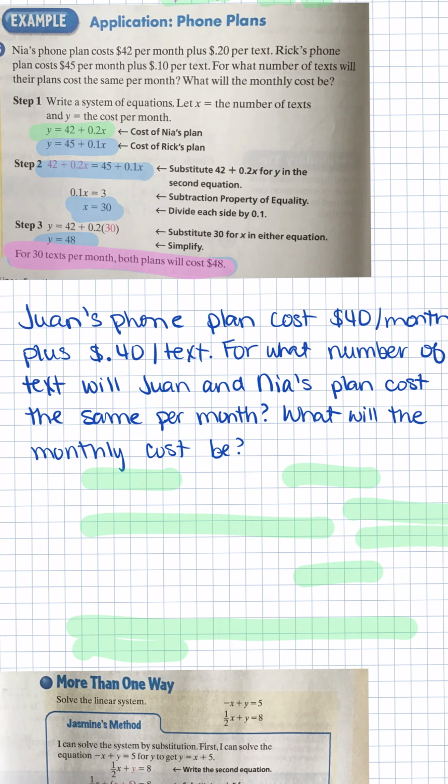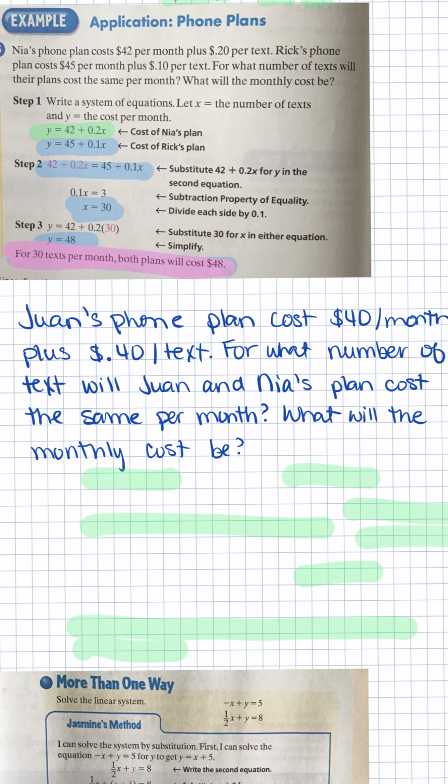So therefore 10 texts was the break-even point, and that is how many texts both plans cost 44, when they cost the same per month.